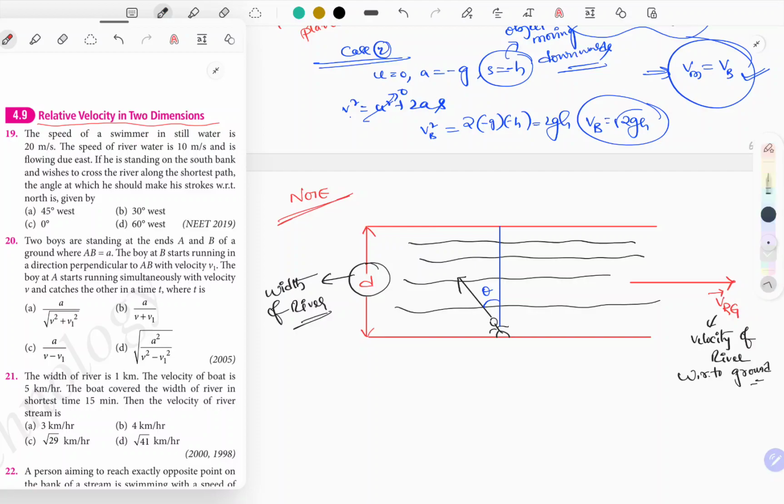Whenever they give the velocity of the swimmer in still water, that means the velocity of the swimmer with respect to the river. Now divide this into 2 components. This is VSR sin theta, this component, and this is VSR cos theta. Those are the components.